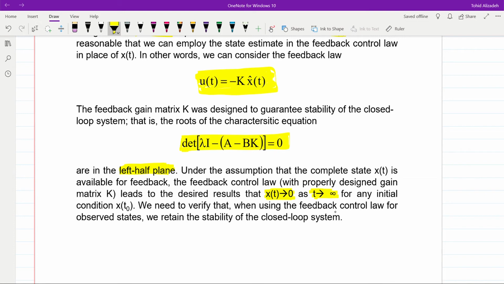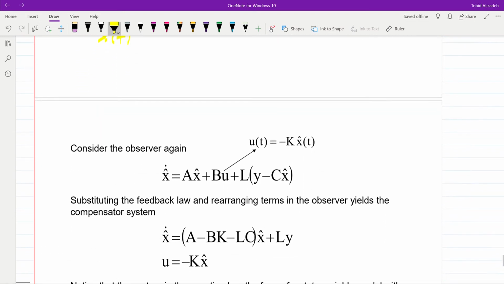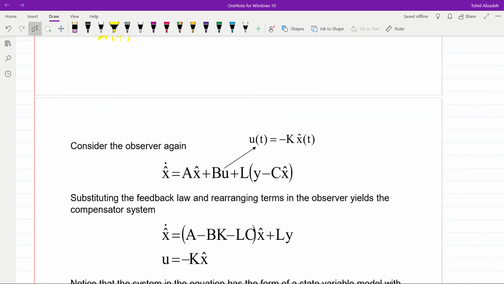Now we need to verify that when we use the feedback control law for observed states, x hats, instead of the states themselves, we retain the stability of the closed loop system. If we consider the observer again, we have x hat dot equal to A times x hat plus B times u plus L times y minus C x hat.